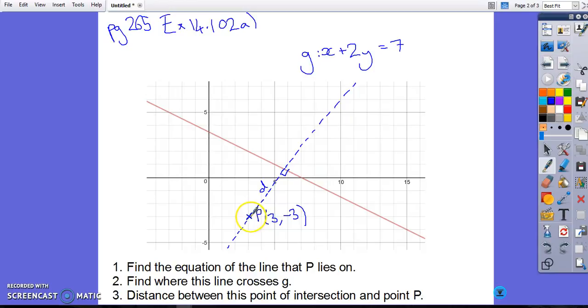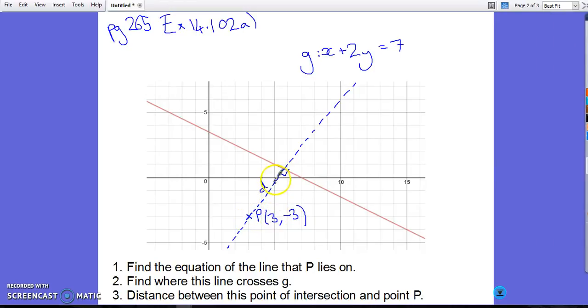So we start here. If I go 1 along and 2 up from my starting point, I end up somewhere else on the line. So we have then these points here, which look plausible. Clearly the line that I drew originally was a little bit too rough, but if I join these points together, I'd come out with a line that was perpendicular to G.